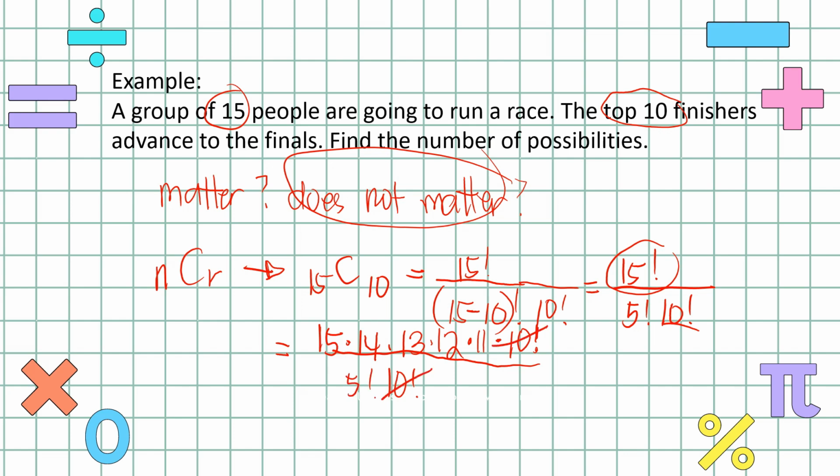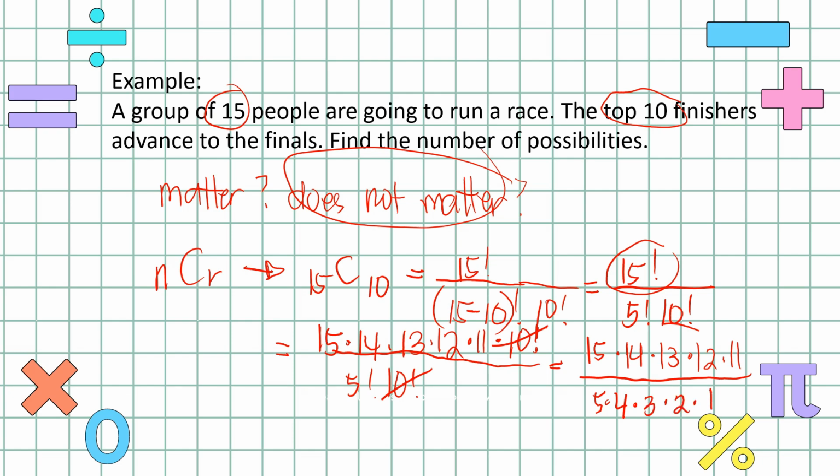So that's the goal: eliminate as much as possible the biggest factorial present in the numerator and denominator. And then we can do cancellation for the rest, but let's expand first our denominator. 14 times 13 times 12 times 11, then over 5 factorial, which is 5 times 4 times 3 times 2 times 1.